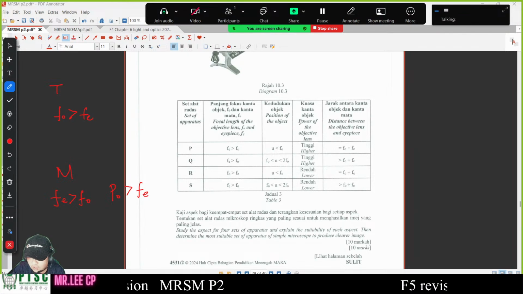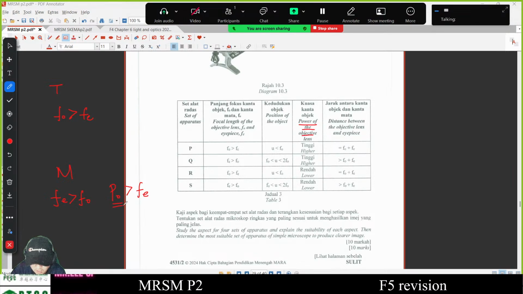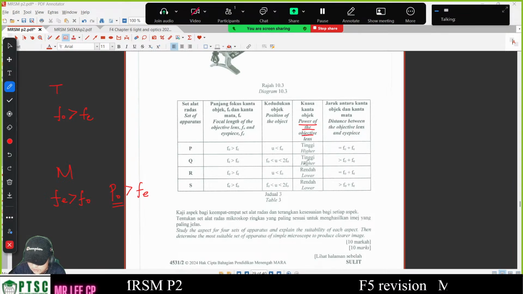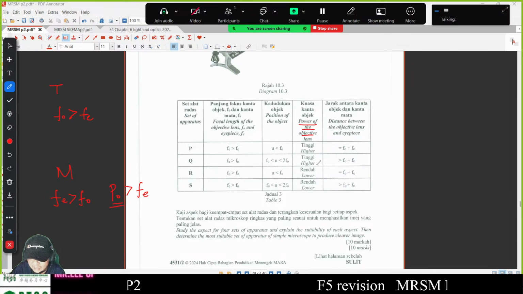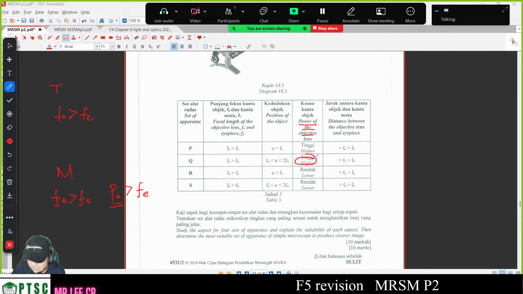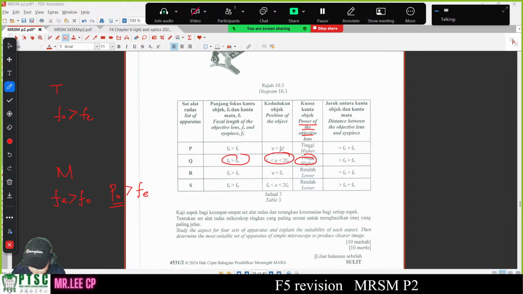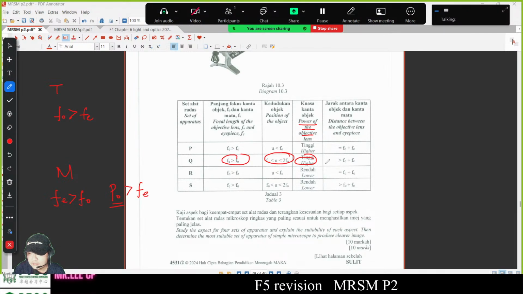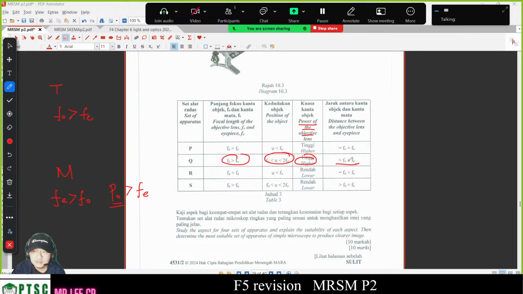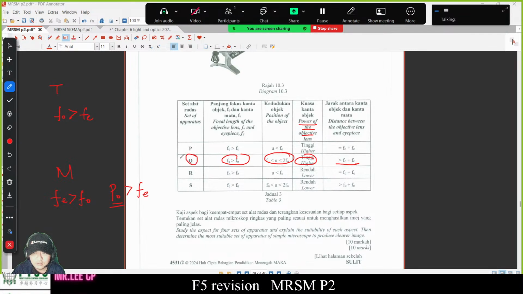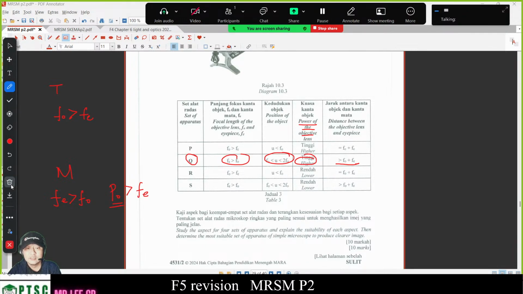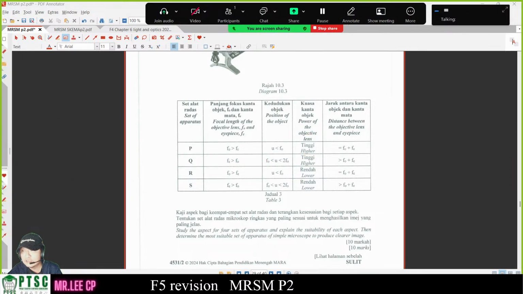So the power of the objective lens, is it low or high? The answer is high. So high, it is here. Lastly, the distance, just now I told you, is more than FO plus FE. So the answer is Q. We are going to answer right here.